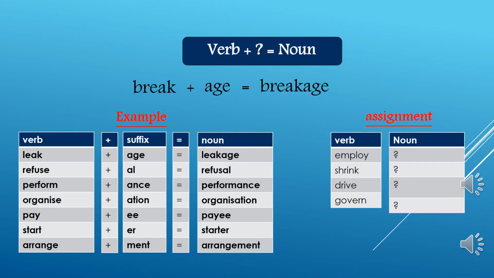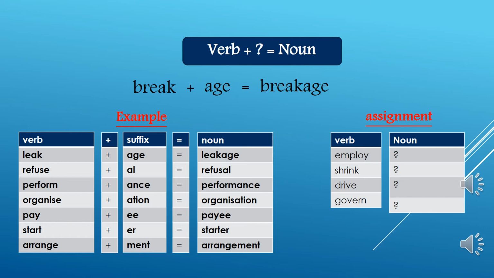At first we will learn how to form nouns from verbs. See, I have given you some examples, like break. Yes, break is a verb, and I have added the age suffix. So break plus age, verb plus age suffix, is equal to a noun, that is breakage.